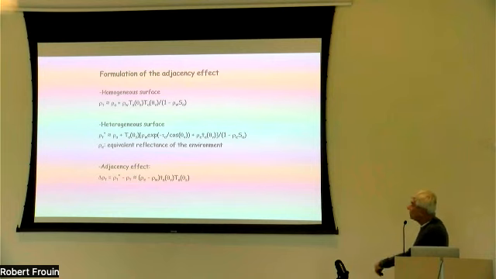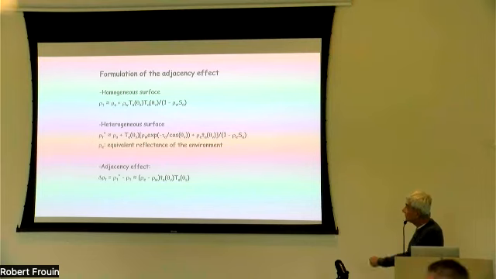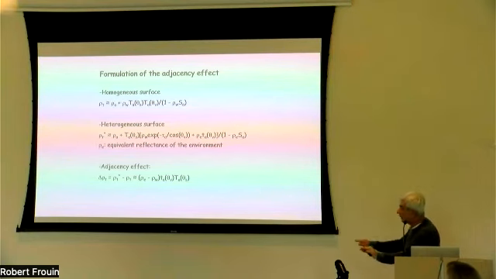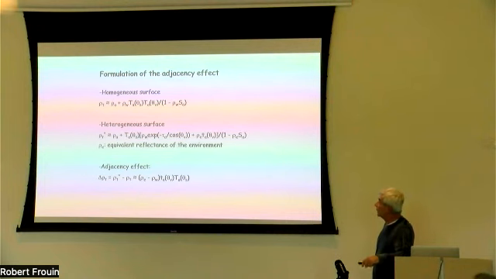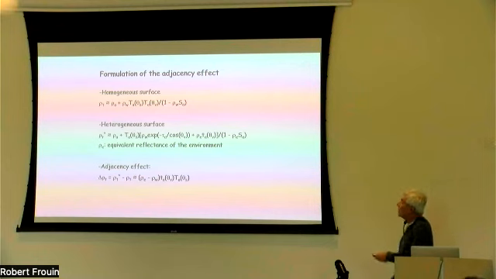So how do we try to deal with this? Let's again look at the case of a homogeneous surface. This is also called the large target formalism, because it assumes that the target is homogeneous to infinity. It's a large target algorithm.